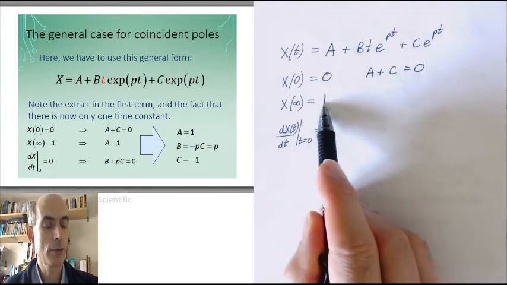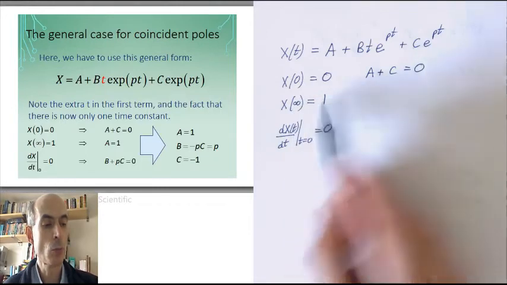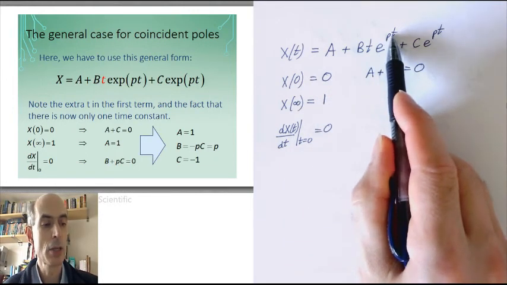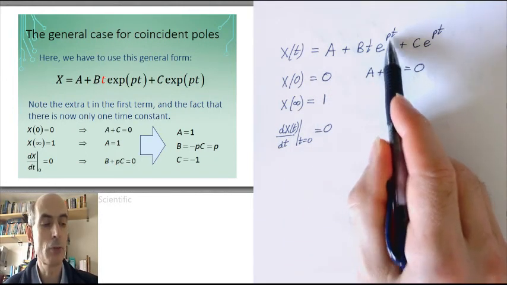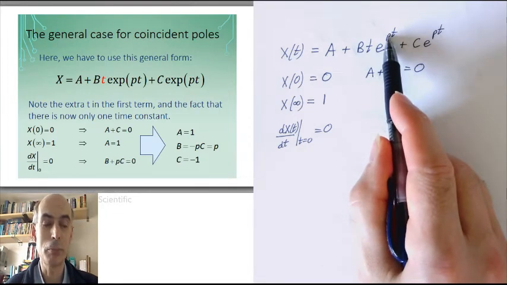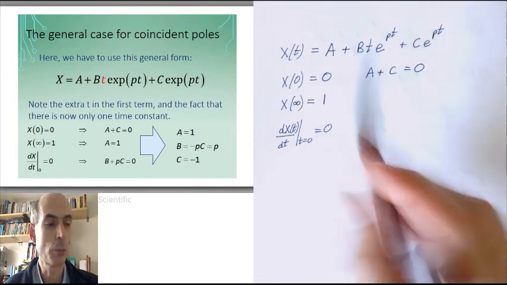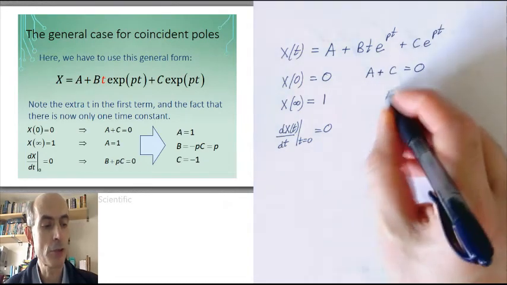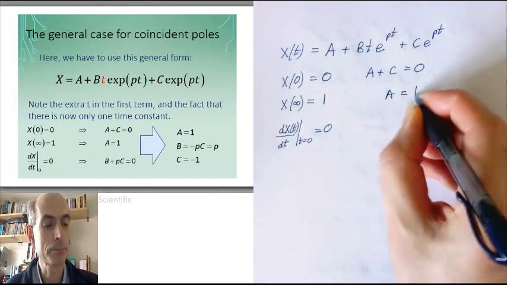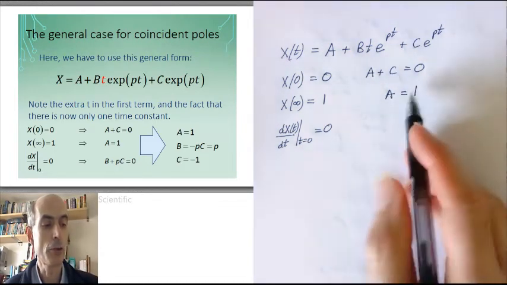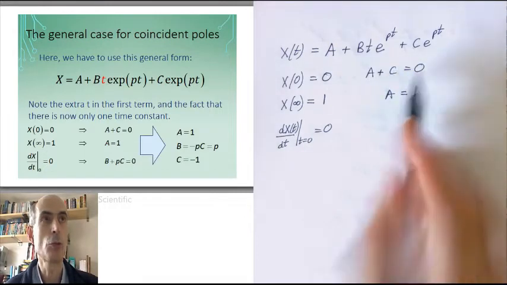This one here, for infinite times, when e to the pt would be 0, bearing in mind that p is a negative number, or at least has a negative real part, that would just give us that a equals 1. So we've instantly got a equals 1 and c equals minus 1.